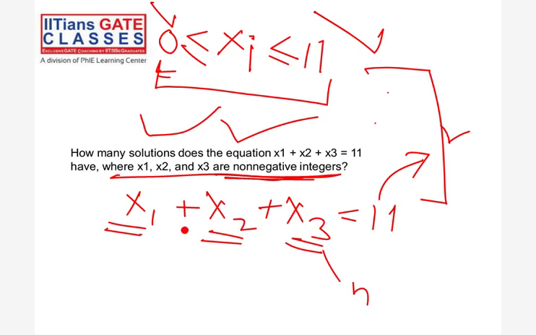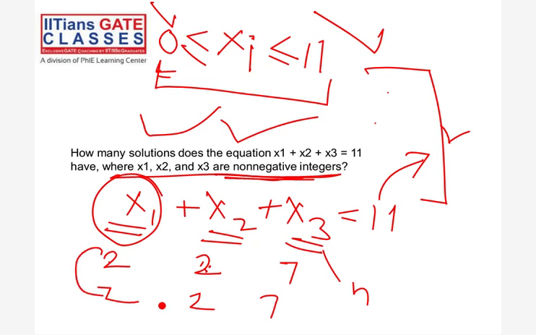And also remember that it does not matter, for example, if you pick 2 here, then 2 plus 2, and this has to be 7. Now if we interchange these two, if you put these two here and these two here, then this is not a different way. You can see these two are the same.